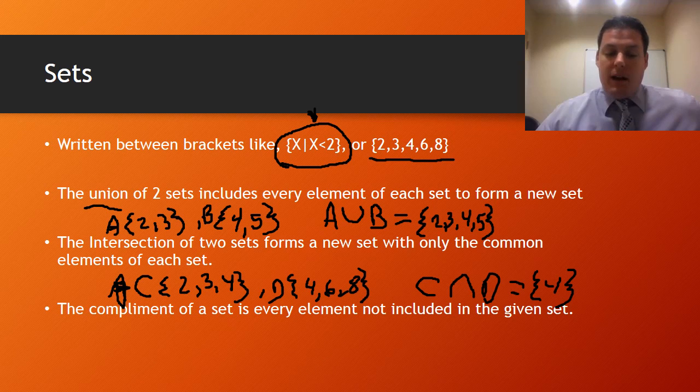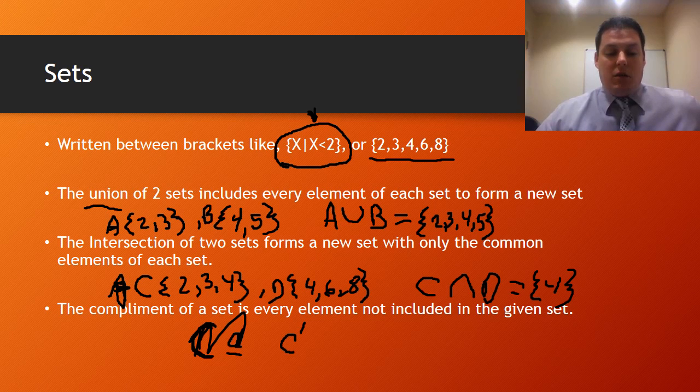And then the complement of a set. If we're going to use set C from above, the complement of C would be written like that, and that means everything that's not in C, and sometimes that's known as C prime.